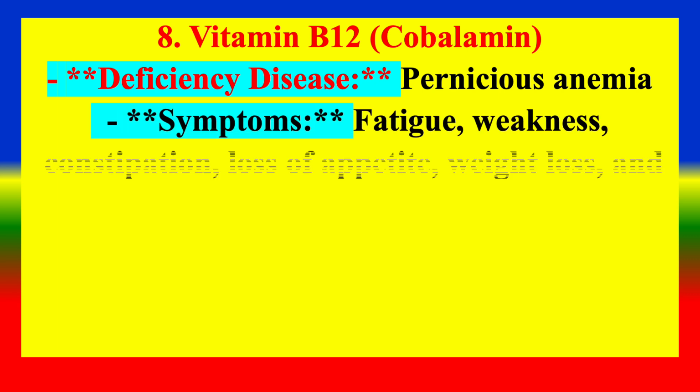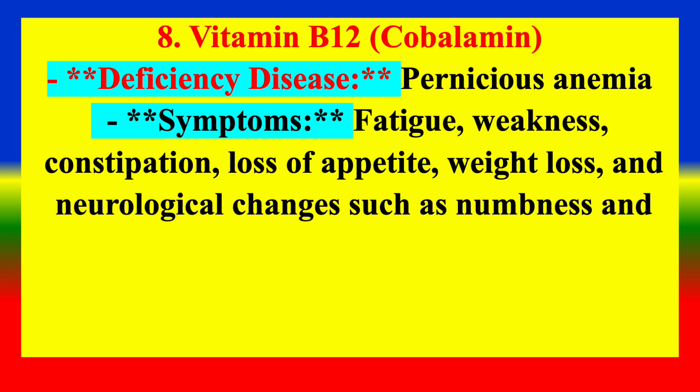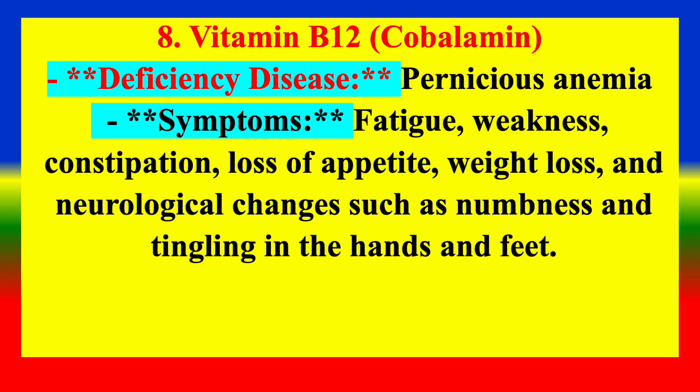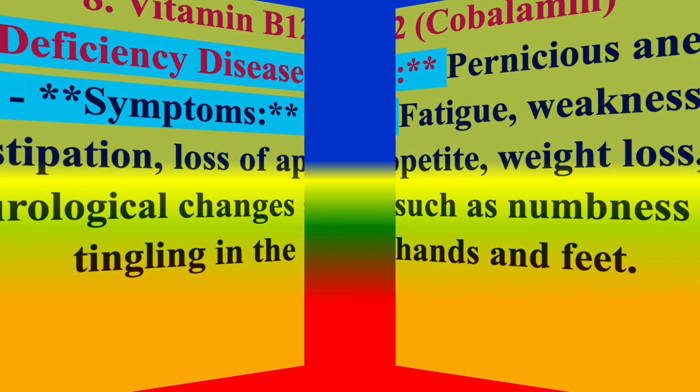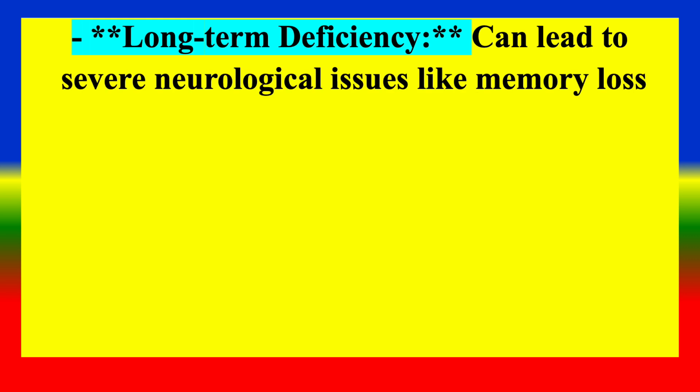Symptoms: fatigue, weakness, constipation, loss of appetite, weight loss, and neurological changes such as numbness and tingling in the hands or feet. Long-term deficiency can lead to severe neurological issues like memory loss and dementia.